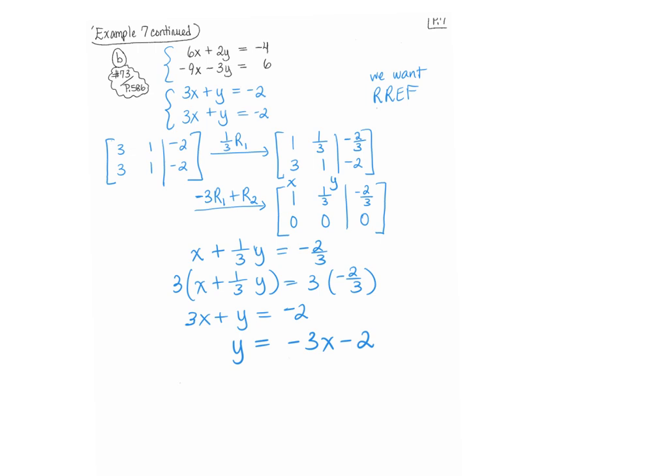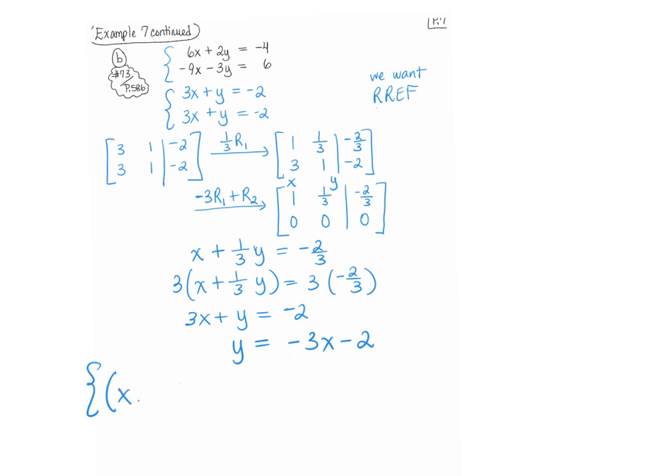So remember, with infinitely many solutions, we write a set with an ordered pair. We know y is this, so we have to write what in our first position? That's y. What's our first coordinate? Say it loud. X, yes.